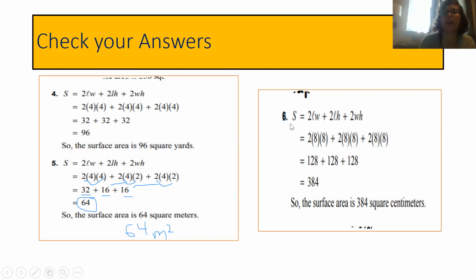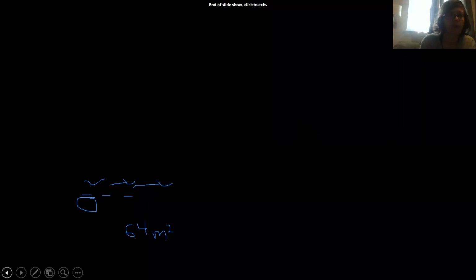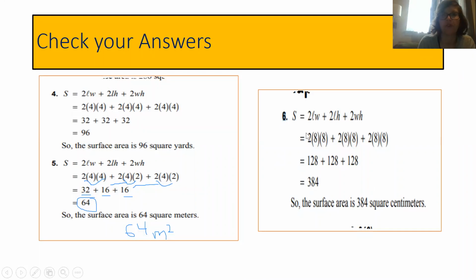So your surface area equals 2 times your length times your width, plus 2 times your length times your height, plus 2 times your width times your height. So I've replaced length with 8, width with 8, length with 8, height with 8, and then width with 8 and height with 8.